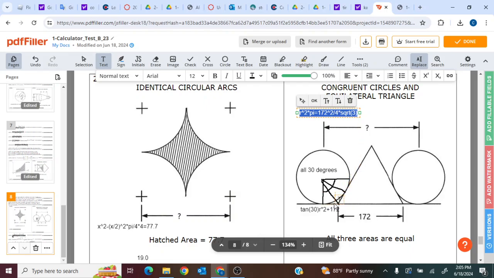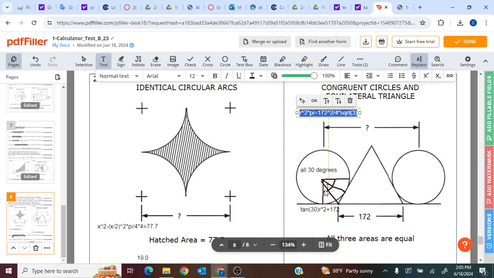This entire thing is 120. So if you split it in half, as shown, this angle is 60, this angle is 60. These two are 90 because they're tangent. And therefore these two are 30 degrees, and this one is 30 degrees as well because it forms a right angle, as you can see here.